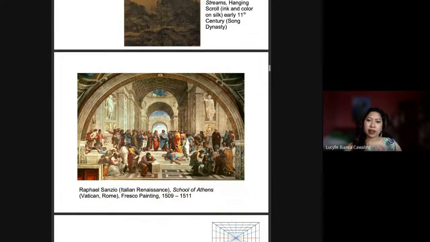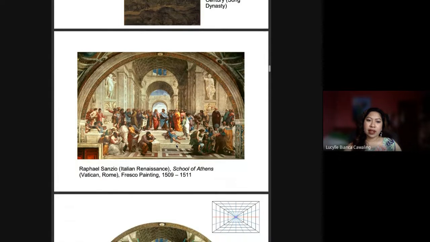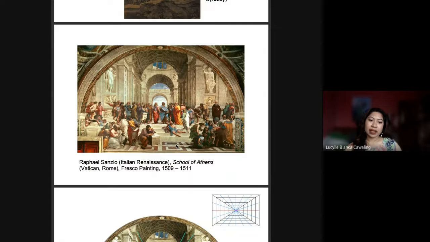And then you have this one, an example of depth or perspective, by Raphael, School of Athens. This is a fresco painting made in 1509 to 1511.